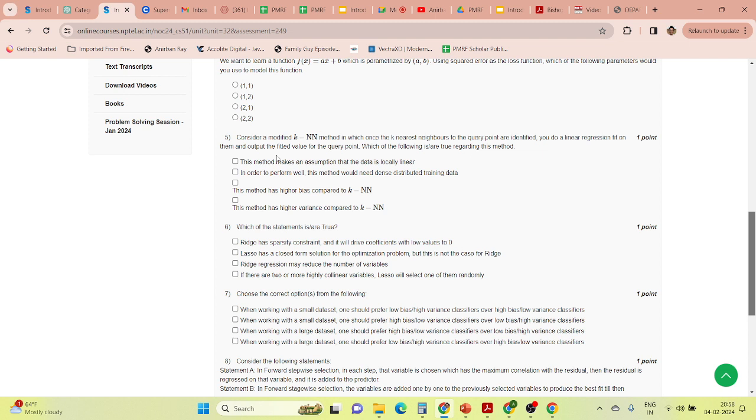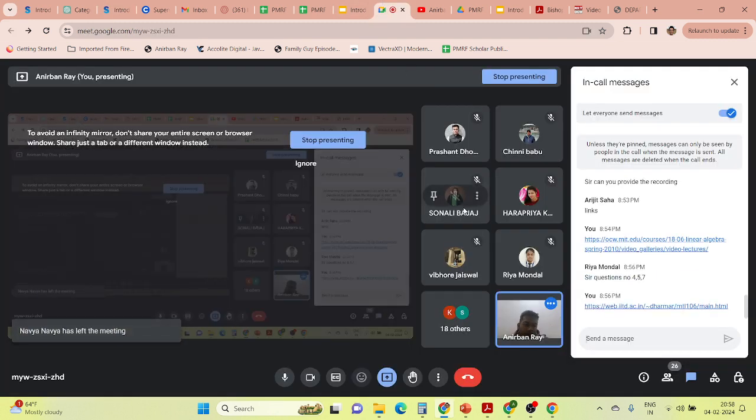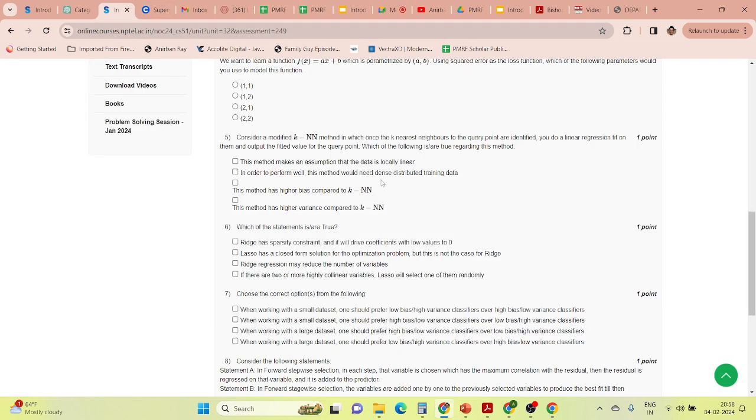In order to perform well, this method would need densely distributed training data. Let's understand this. Any more doubt first of all? No. Okay. Dense is not important here. If it is sparse, that makes it easier actually.